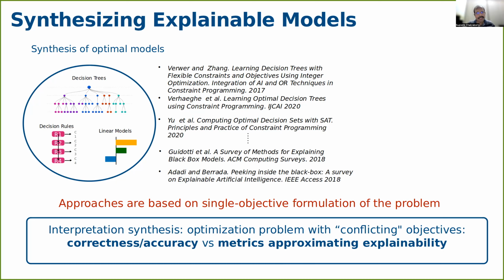And why do I say they're conflicting? Because if I want to get a very highly accurate model, then probably it will become as large as the original, let's say, deep neural network. And so it will not be very understandable or explainable.